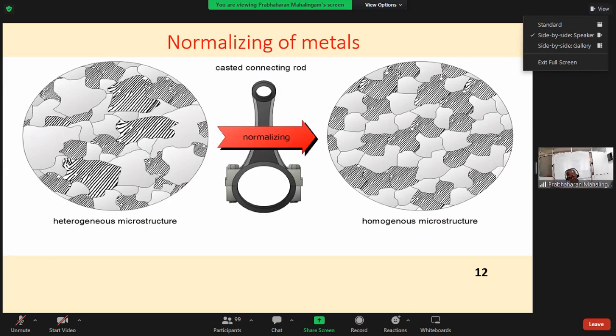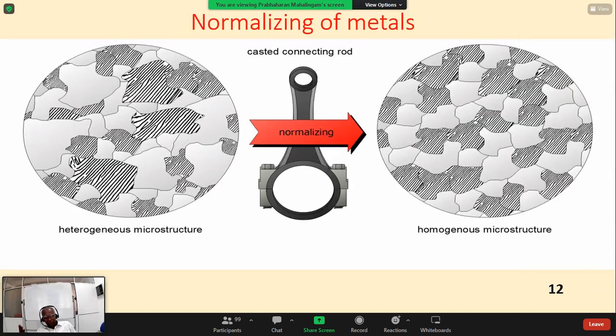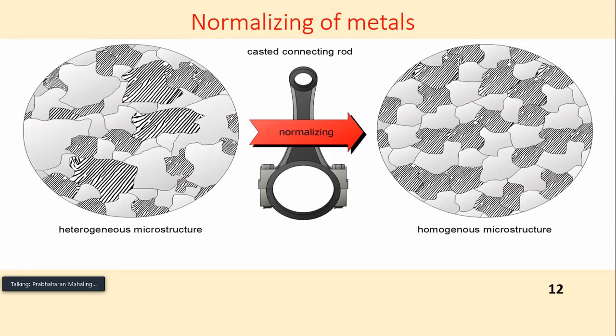A homogeneous microstructure is more feasible for hard working, hot working or cold working, right? That is easy. A heterogeneous microstructure is not so suitable because it is too difficult to get a better finish. That's a problem.